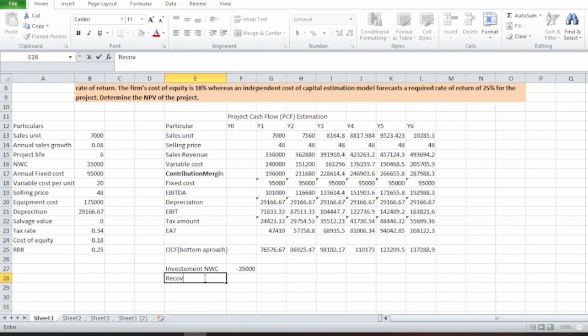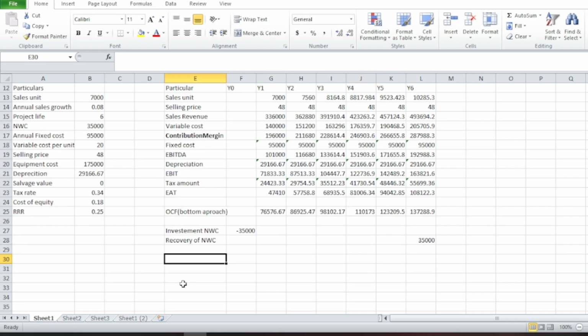So recovery of net working capital. Now we will adjust our equipment cost, which was incurred in year 0. Since it's our cash outflow, that's why I'm using a minus before the amount. The equipment cost was not recovered, so the salvage value for the equipment was 0.